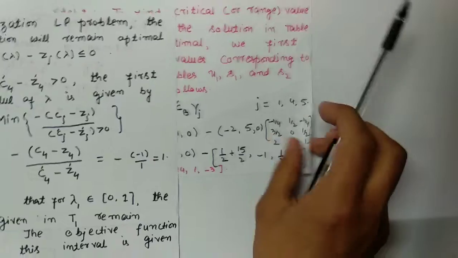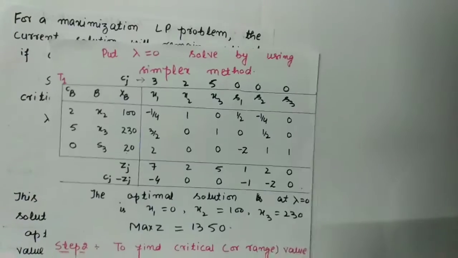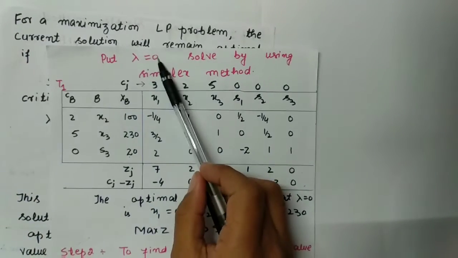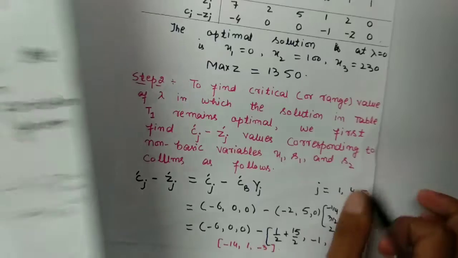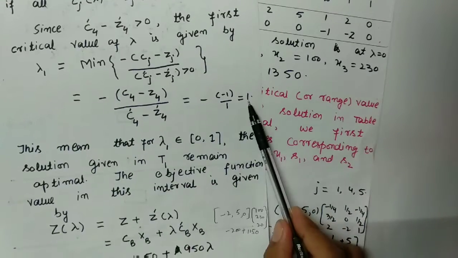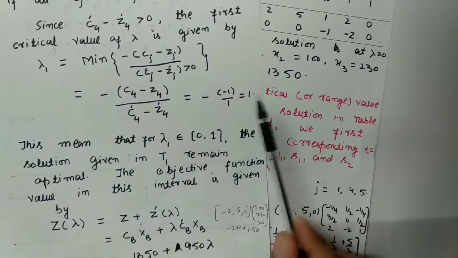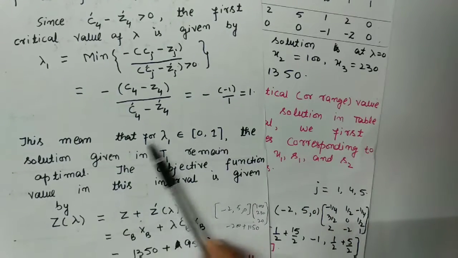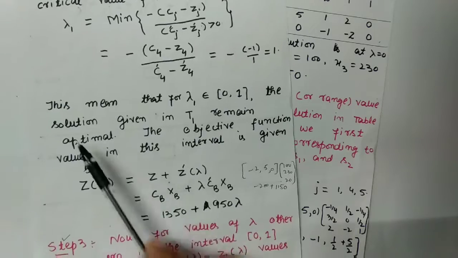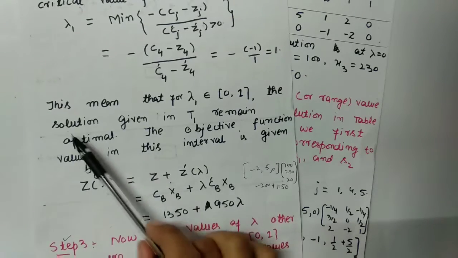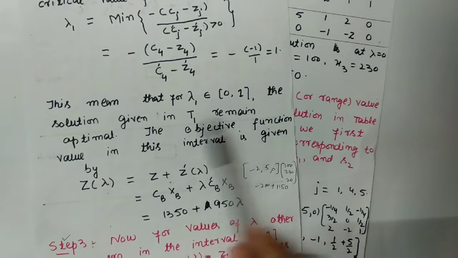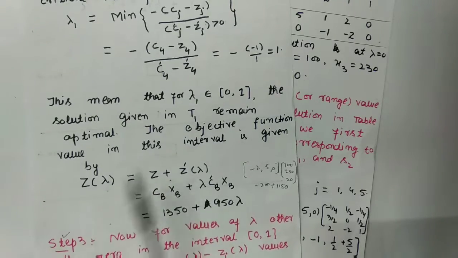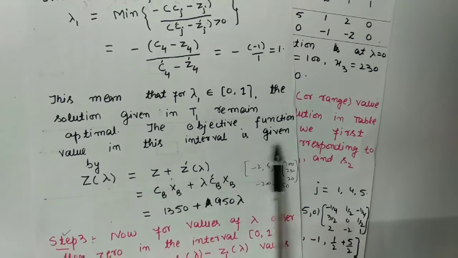Because first I take the value of lambda equal to 0, then I get the value of lambda 1 equal to 1. So I get the required interval 0 to 1. This means that for lambda 1 belonging to 0 to 1, the solution in the table T1 remains optimal.